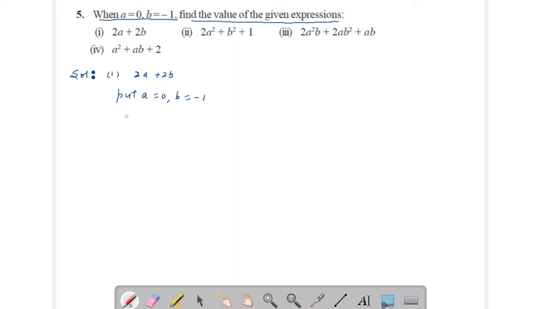You will get 2 into 0 plus 2 into minus 1. Solve this. 2 into 0, it is 0. 2 into minus 1, it is minus 2. 0 minus 2, it is minus 2. This is your answer.